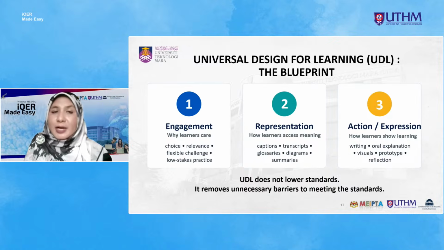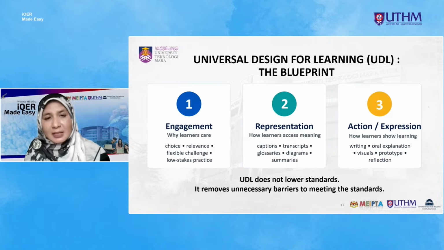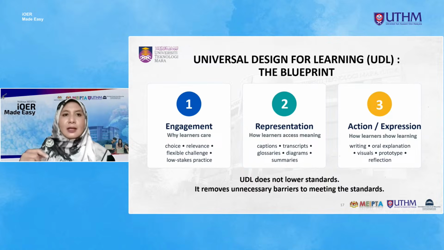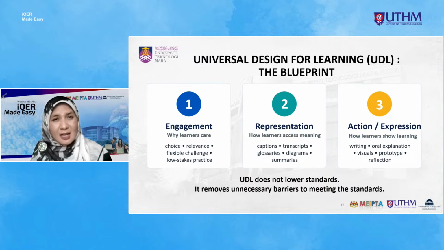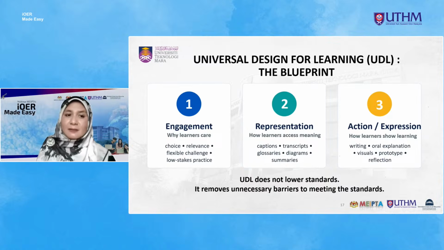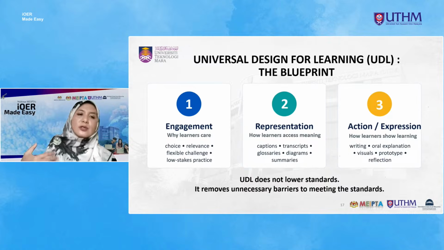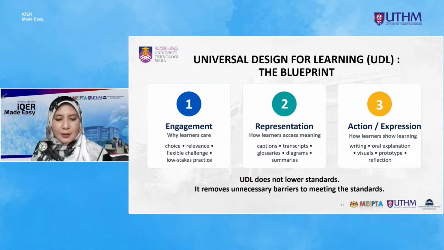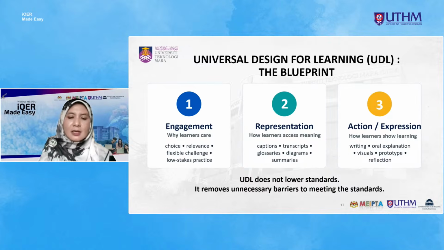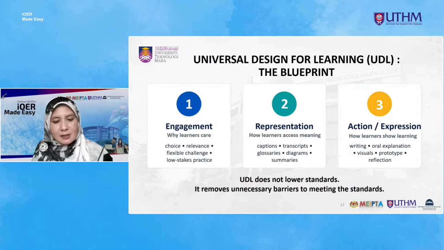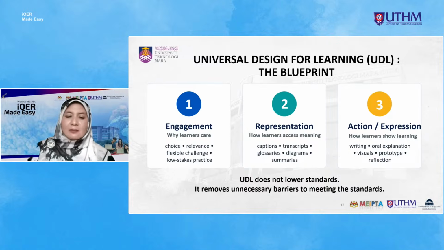We can give them choice of material and format of materials, and make it relevant to their experience, and then give a flexible challenge, or you can also use low-stake practice. So basically, engagement is about motivating the learners and helping them to connect with the materials. They are being connected at the first phase.